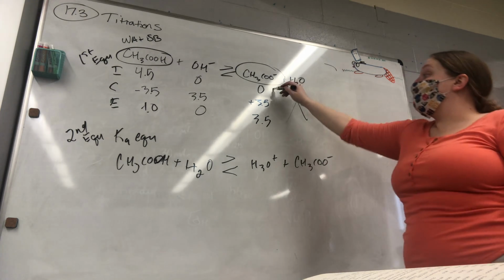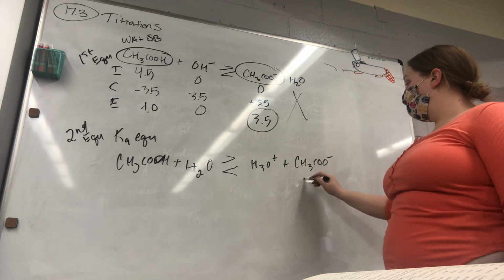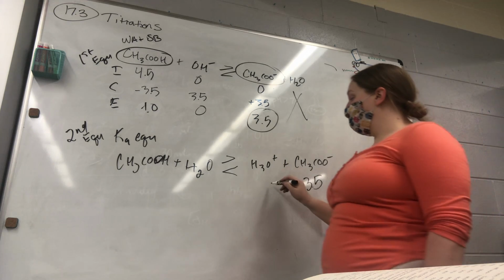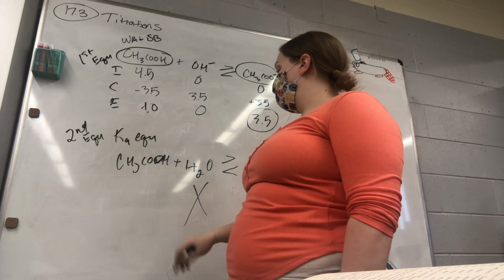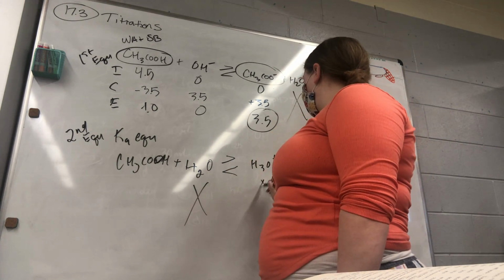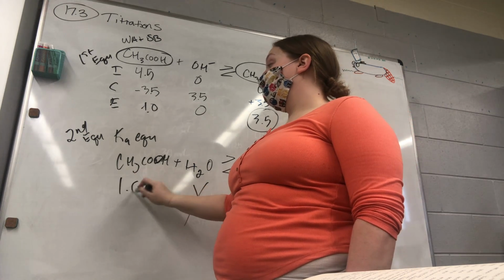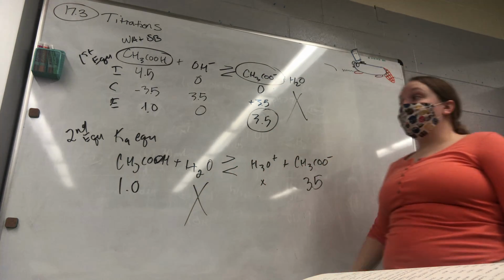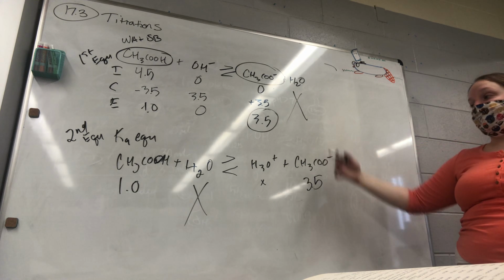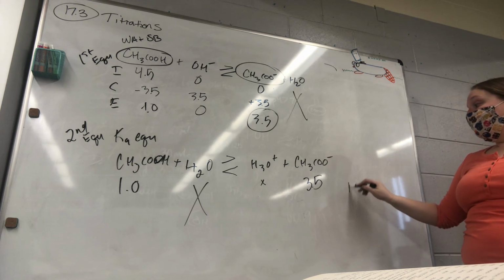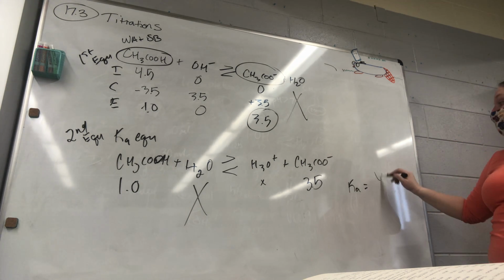Now we know the value for that. We use the equilibrium concentrations from one reaction to the next. Then we plug it into Ka.